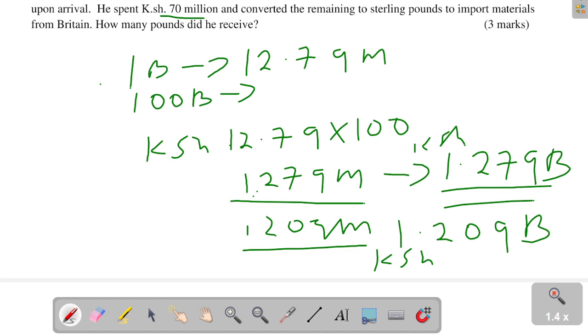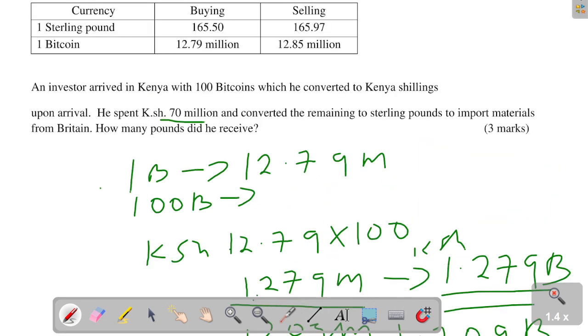So basically what the bank will do is sell. Let's now look at the table, because we want to convert the Kenyan shillings, which is 1.209 billion Kenyan shillings.